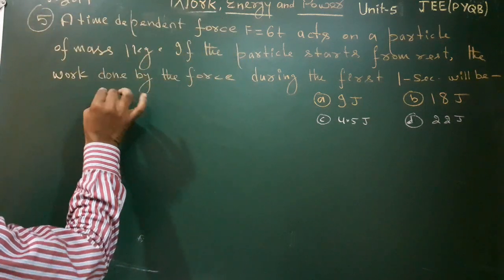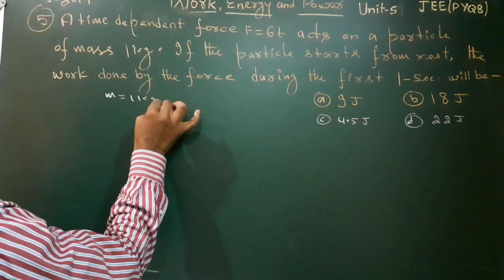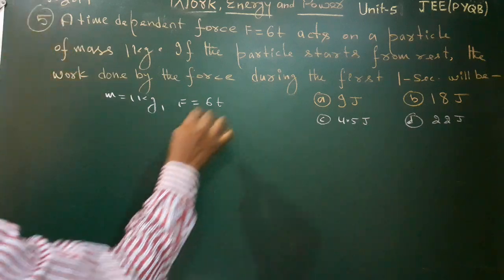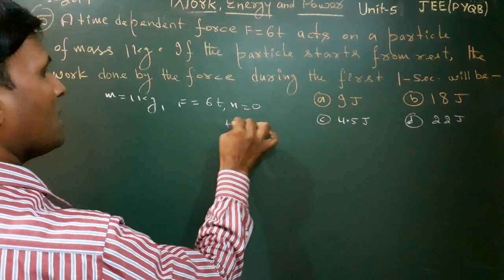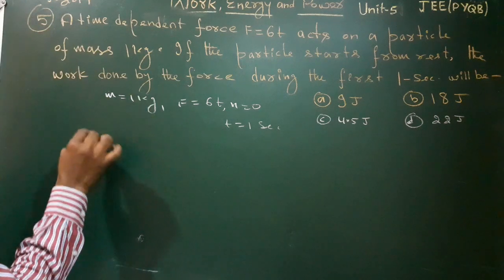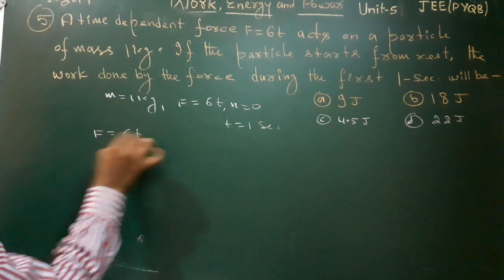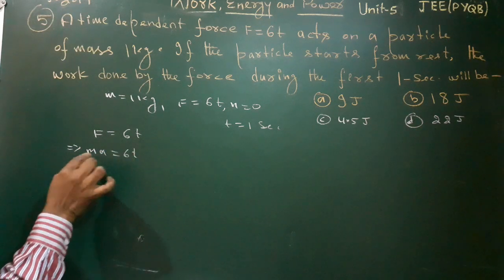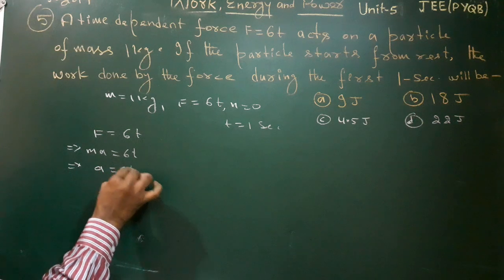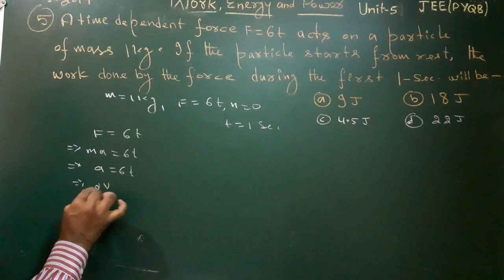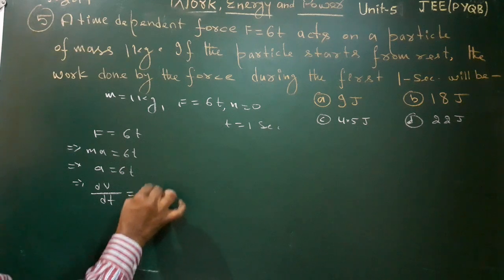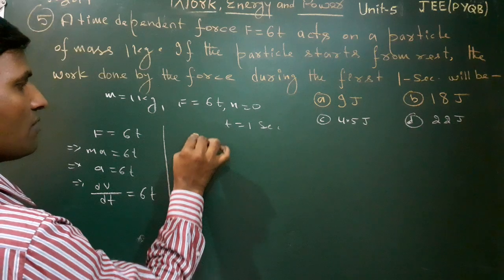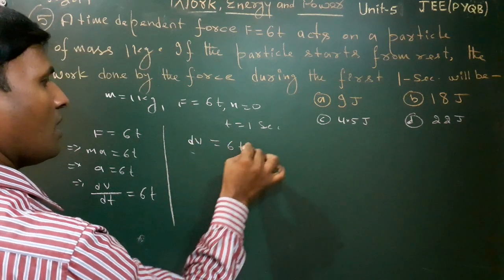See, the force is given as 60t, mass is 1 kg, u is 0 and t is 1 second. Now F equals ma gives 60t, and m is 1, so a is equal to 60t, that is dv by dt equals 60t. So dv is 60t dt.